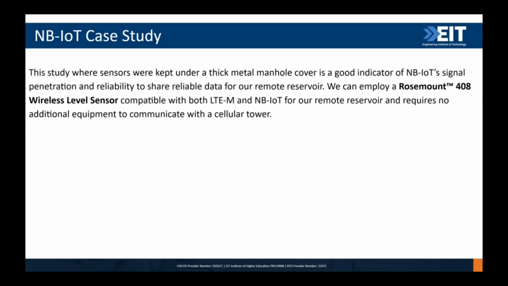So lastly, based on everything presented so far, we can see that we are able to employ this type of technology for our remote reservoir, and we would like to employ a Rosemount 408 wireless level sensor, which can use both LTE and NB-IoT and requires no additional setup such as any modems or repeaters, as it can connect directly to an LTE cell tower.